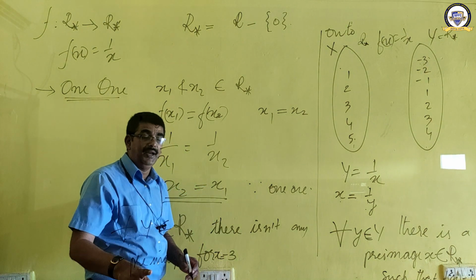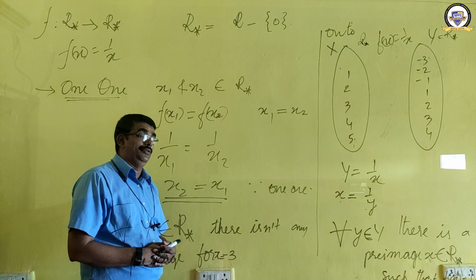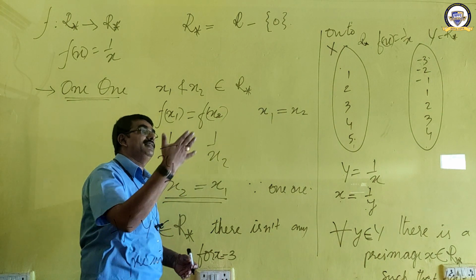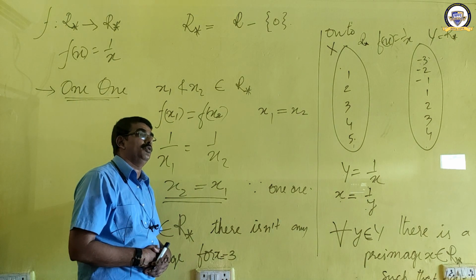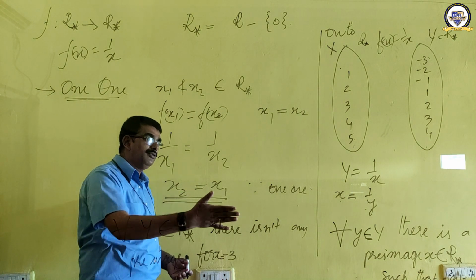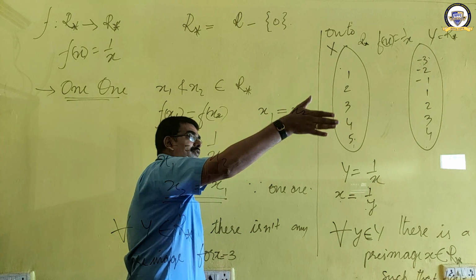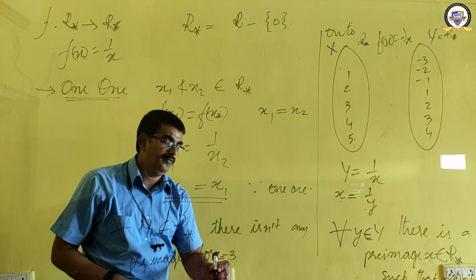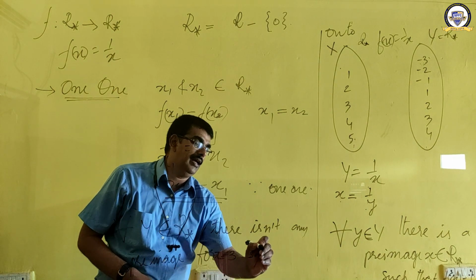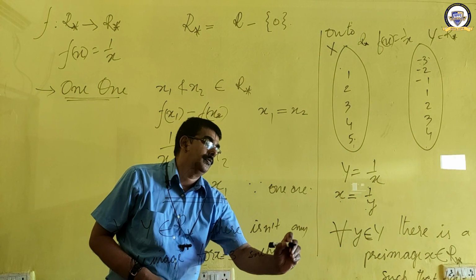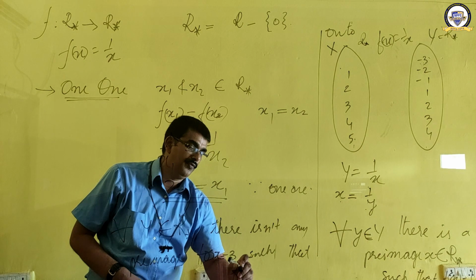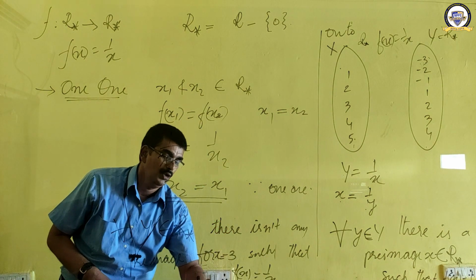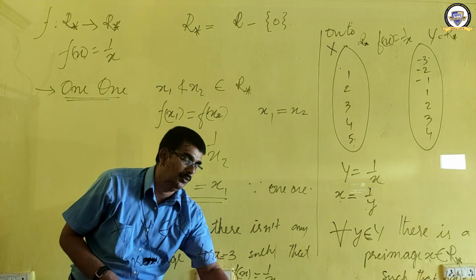There isn't any pre-image for negative 2. There isn't any pre-image for 2, because 2 means 1/2 it should be. Is there any 1/2 over this? That is not a natural number. Therefore, such that f of x is equal to 1/x, it is not onto.